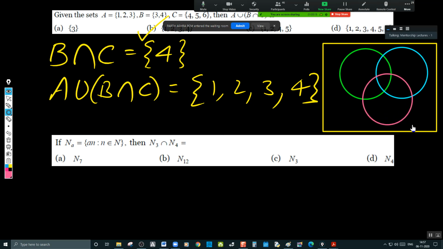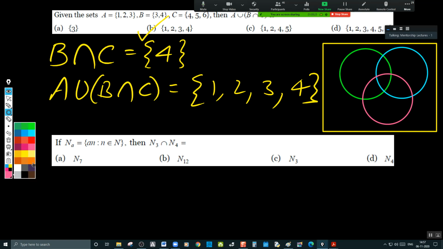Now what we need is A union B intersection C. I'm naming them first. This is A, this is B, this is C. What we need is A union of B intersection C. Let me mark them.